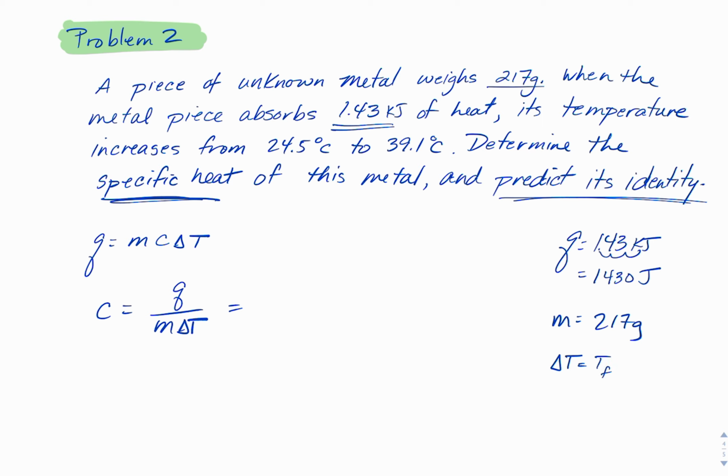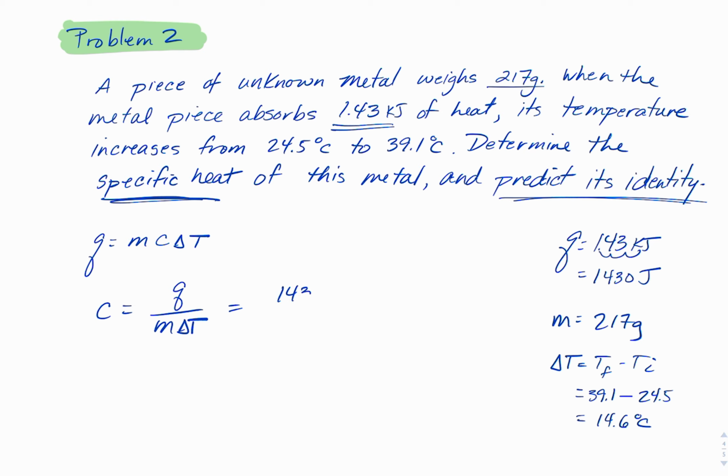So T final minus T initial. Our T final is 39.1, and we're going to subtract 24.5. That's going to give us a value of 14.6 degrees C. So now we can just plug everything in.